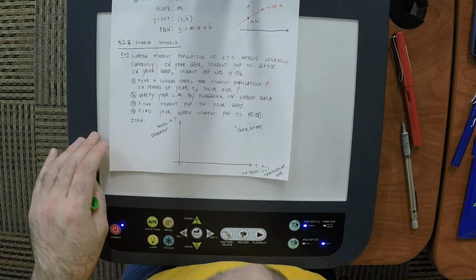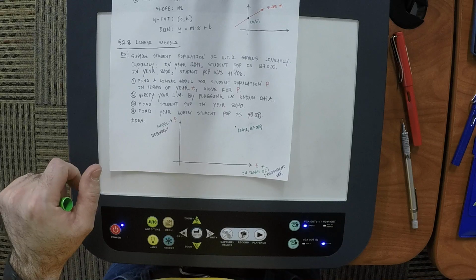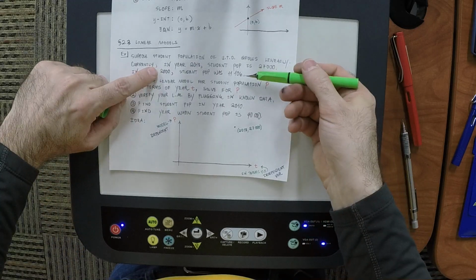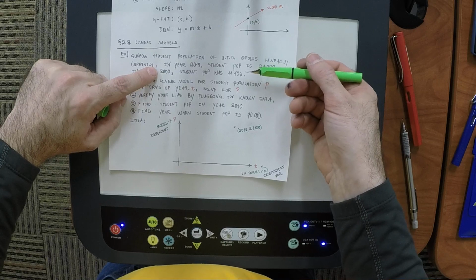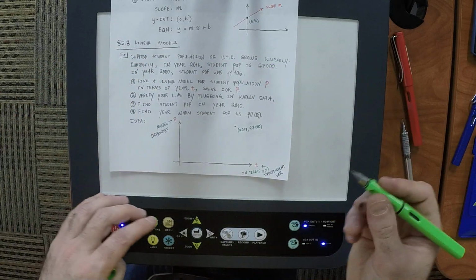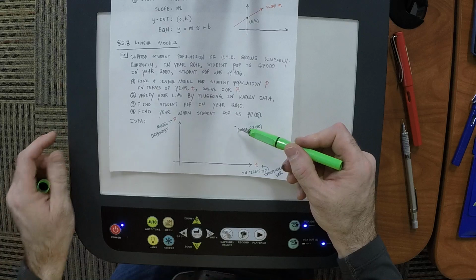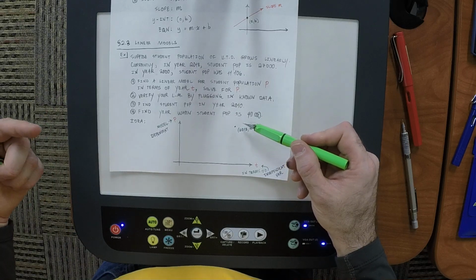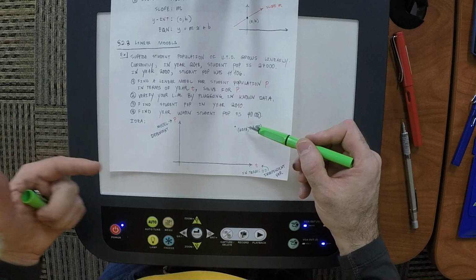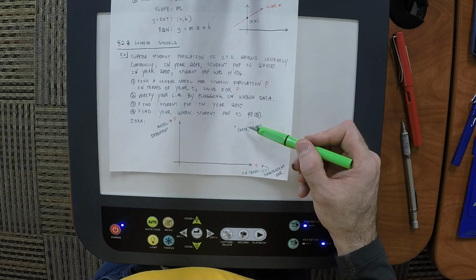What is another point that's known? Right, that one. In the year 2000, the student population was 11,106. So relative to this point, should it be left or right? To the left. How can you tell it should be to the left? It's a lesser year, right?